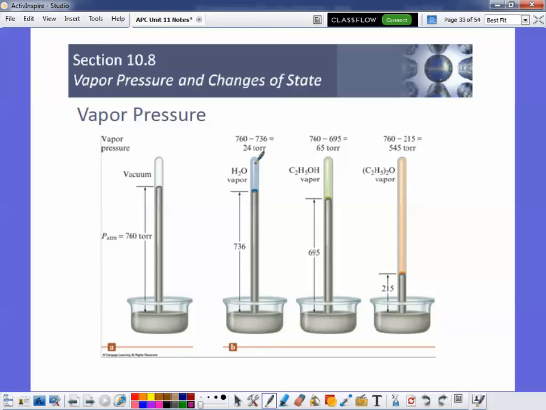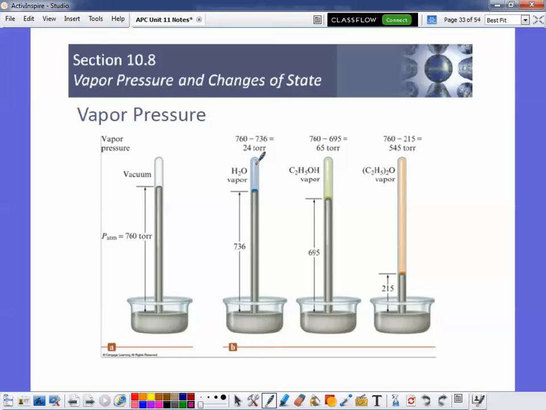Because it doesn't want to touch the sides of the glass as much as possible. So at standard temperature, whatever temperature this is at, water is going to have the lowest vapor pressure, whereas diethyl ether is going to have the highest. That's what this is showing.